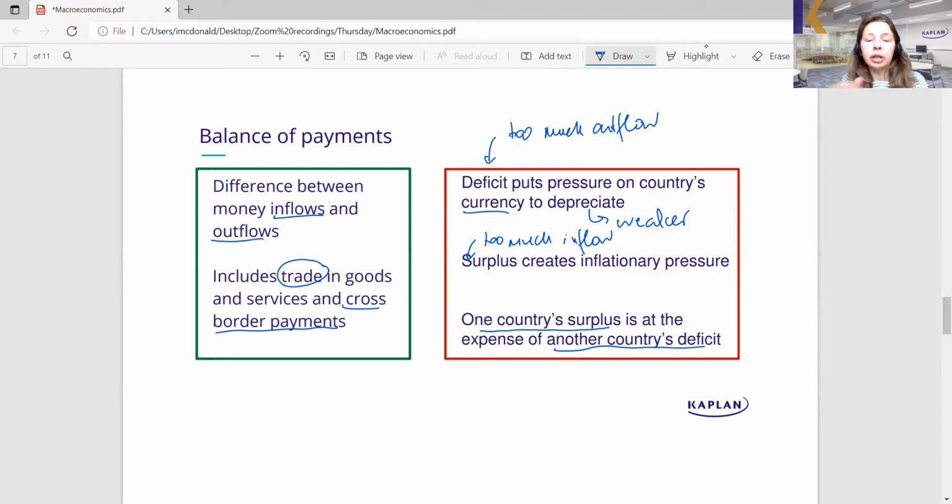So the countries that have a balance of payments deficit will complain that there is not enough investment in those countries, that they're suffering as a result of the surplus generated by some other states.